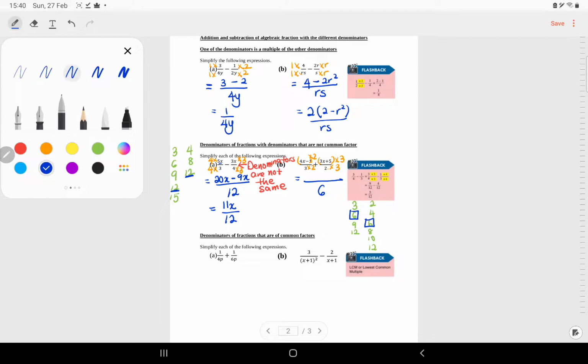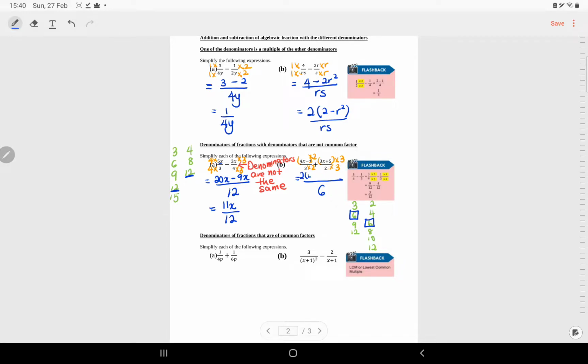So now make sure to use the brackets. So 2 multiply (4x minus 1) plus 3 multiply (3x plus 5).